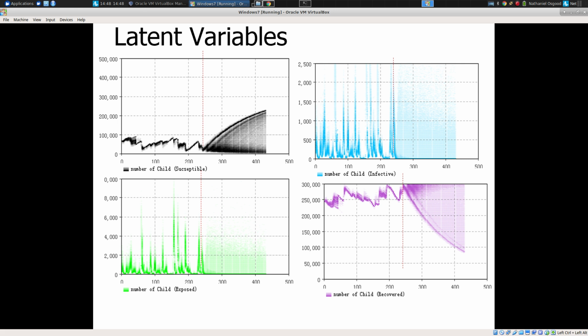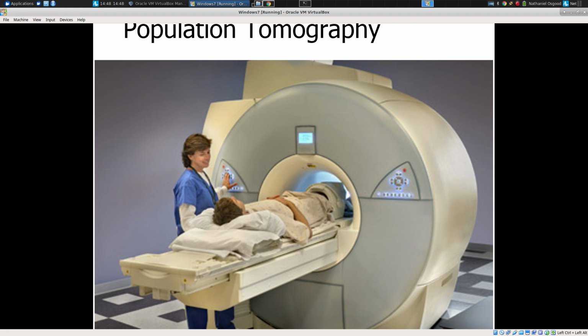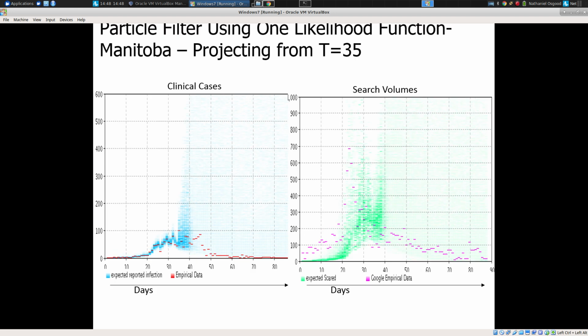So what this provides, over time, as each new data point comes in, that's what these red things are, is that it's regrounding the model using that new data point, and it's updating its understanding about what's going on. It weights, yes, what the model's predicting, but what the model's predicting is a whole set of possibilities.